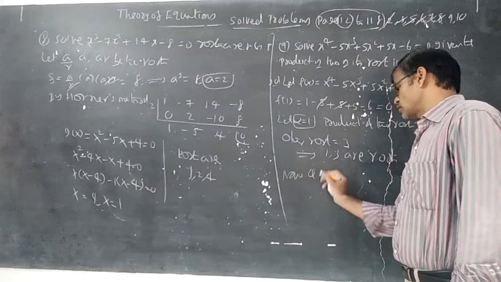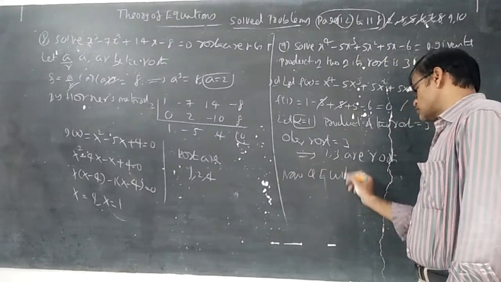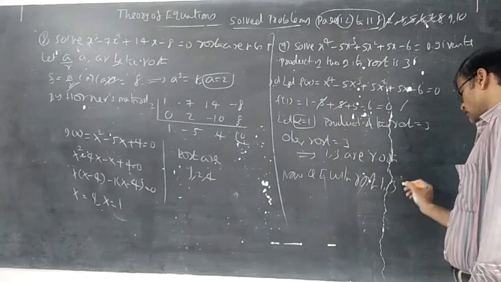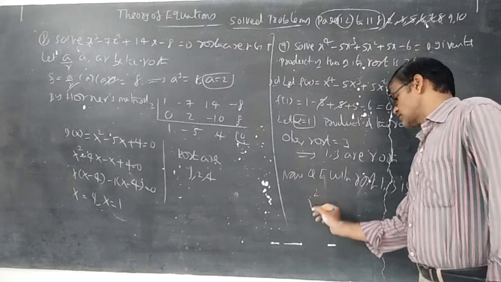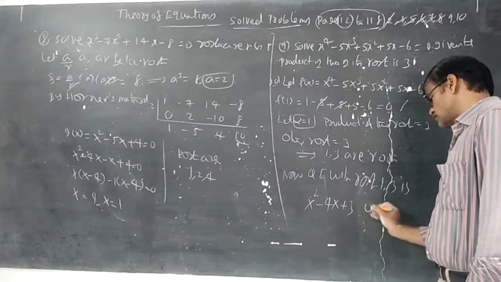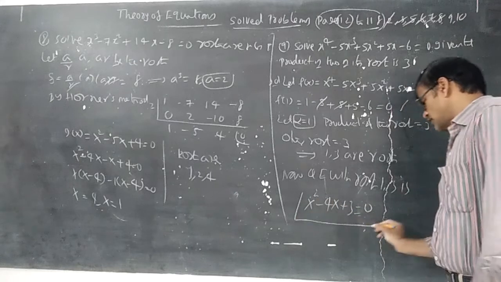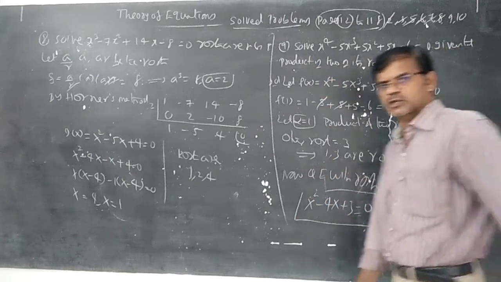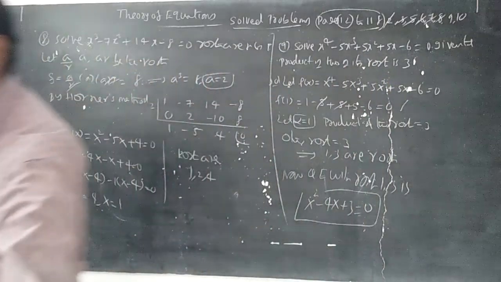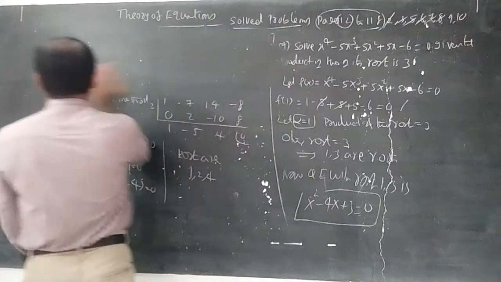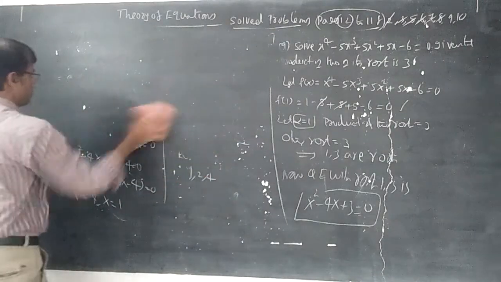Now, the quadratic equation with roots 1 comma 3 is x square minus 4x plus 3 is equal to 0. By the synthetic division method, from the biquadratic equation we will get the other quadratic equation. Then we can get the quadratic equation and also we can find the roots.